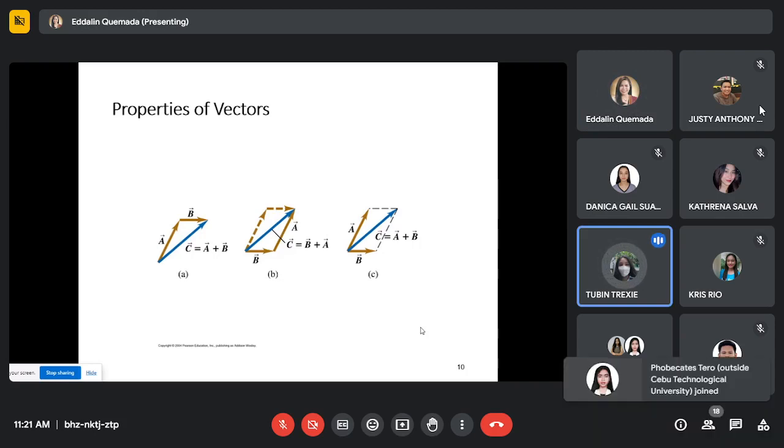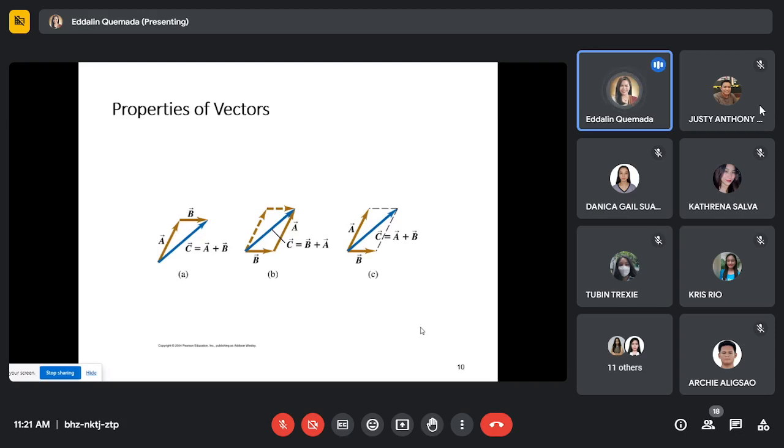It's associative, miss, because whichever group, like A plus B or B plus A, it is still the same answer. It doesn't matter.